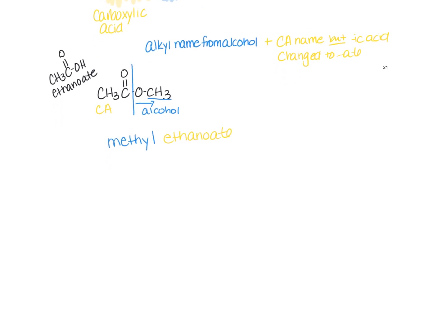Let's look at another one. Let's look at one with a ring. A little more complex. Okay. When we look at this, again, I like to draw a line. And that helps me recognize, hey, look, this comes from the alcohol.